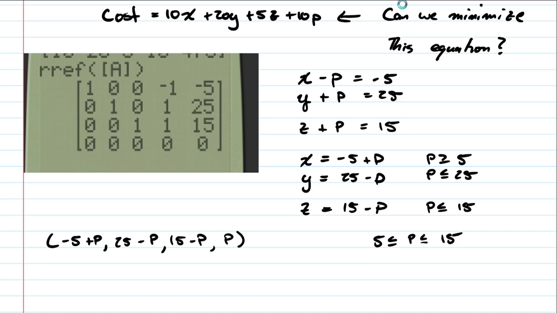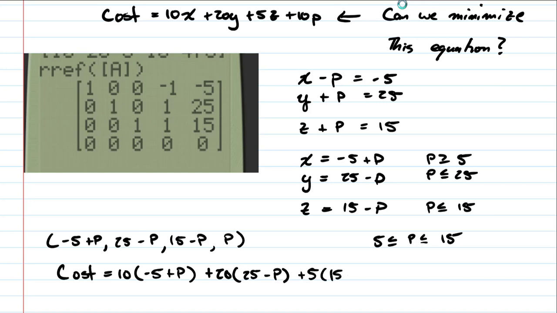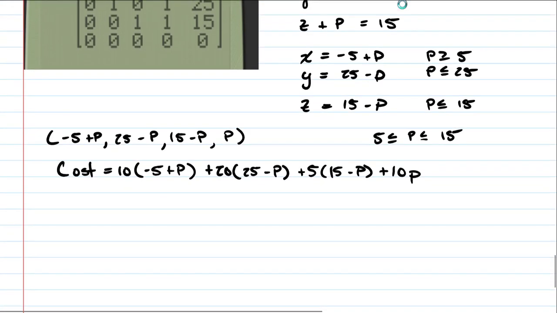Well, if I know my cost is going to be equal to 10 times x, but x is negative 5 plus p, and my next part of the equation is plus 20 times y, which is 25 minus p, plus 5 times z, which is 15 minus p, plus 10p. So now I have my cost equation only in terms of the variable p. So let's go ahead and see what we get.